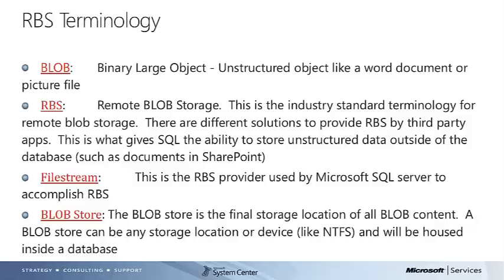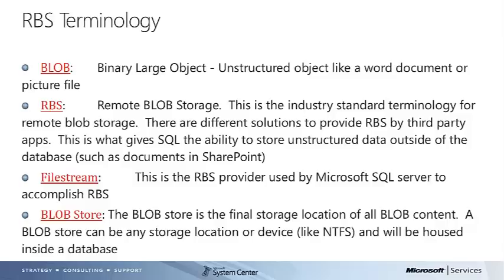RBS specifically is the remote blob storage. So this is basically the industry standard terminology that's used when we talk about how we're storing those blobs. You know, how exactly are those going to be housed within your SQL? Because there's a lot of different ways to do that that enhances the functionality that allows SQL to function better, depending on how you set that up.